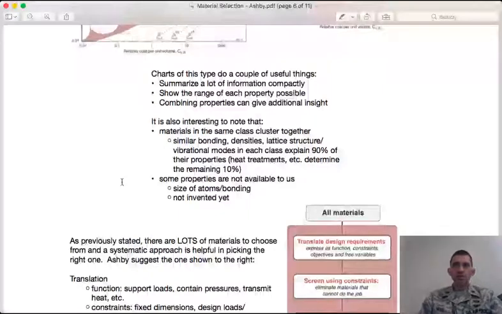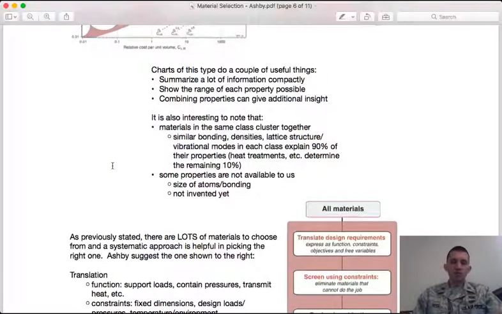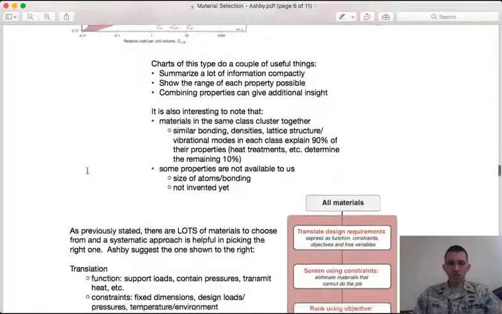It's going to put them in a particular quadrant, perhaps, of a chart, and then even amongst the same type of alloy, right, you do have a little bit of variation. So they're in a bubble, but that bubble has some size, and that variation is determined by heat treatments and specific alloying contents and specific alloying elements, right? And that gives you sort of the remaining 10% of the variation.